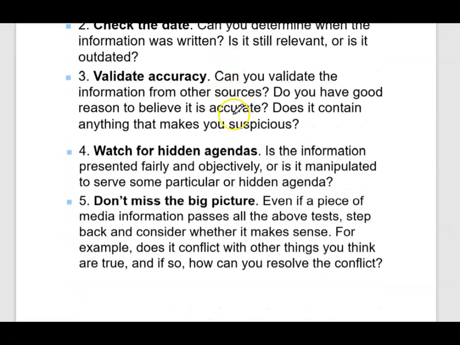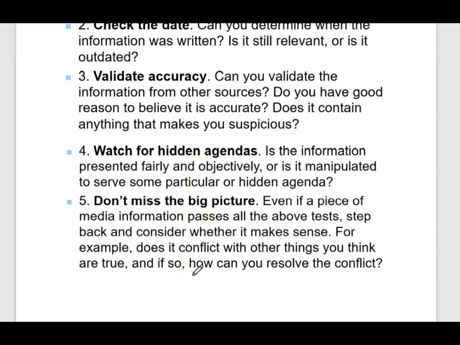Validate accuracy. Can you validate the information from other sources? Do you have a good reason to believe it is accurate? Does it contain anything that makes you suspicious? Watch for hidden agendas. Is the information presented fairly and objectively, or is it manipulated to serve some particular or hidden agenda? This happens a lot in politics. Number five, don't miss the big picture.